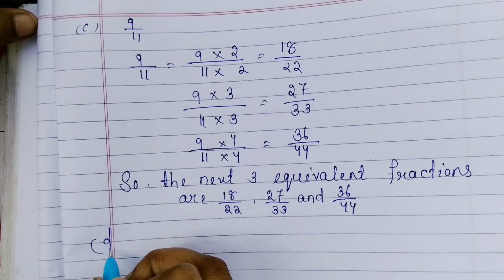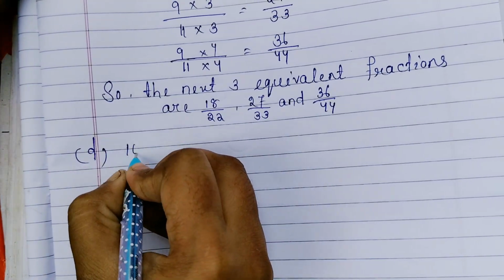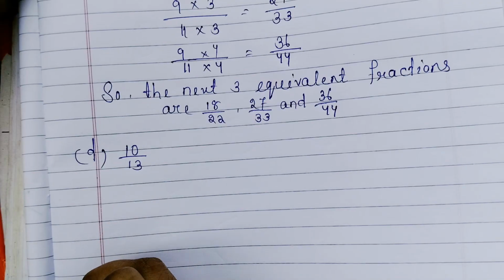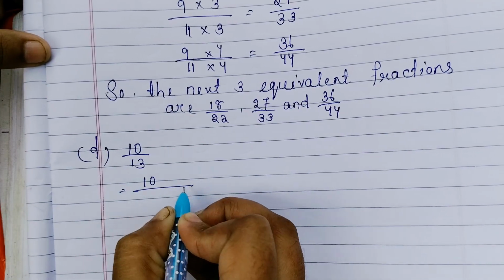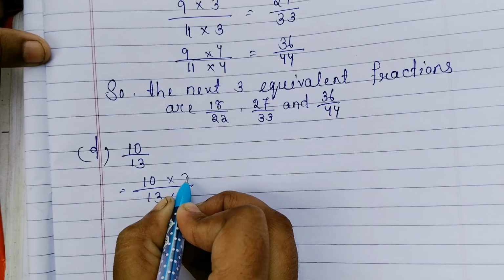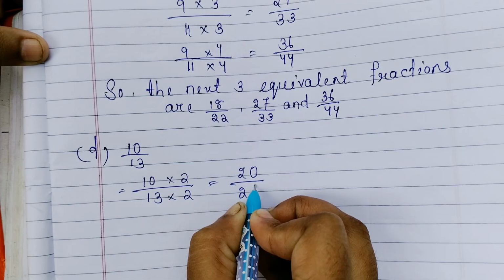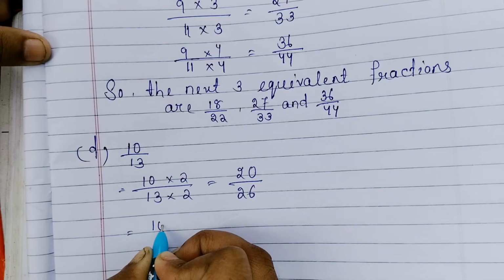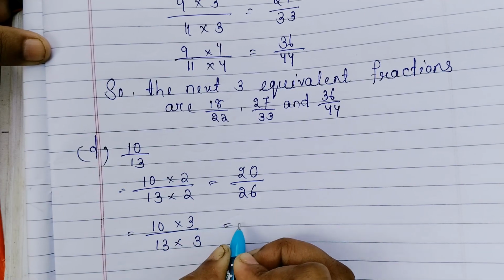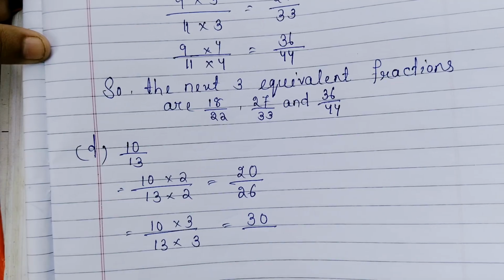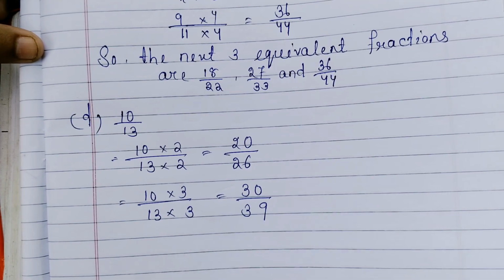Now we solve next point D. 10 by 13. First we multiplied by 2. So 10 by 13 into 2. 10 times 2 is 20, 13 times 2 is 26. Then 10 by 13 into 3. 10 times 3 is 30, 13 times 3 is 39.